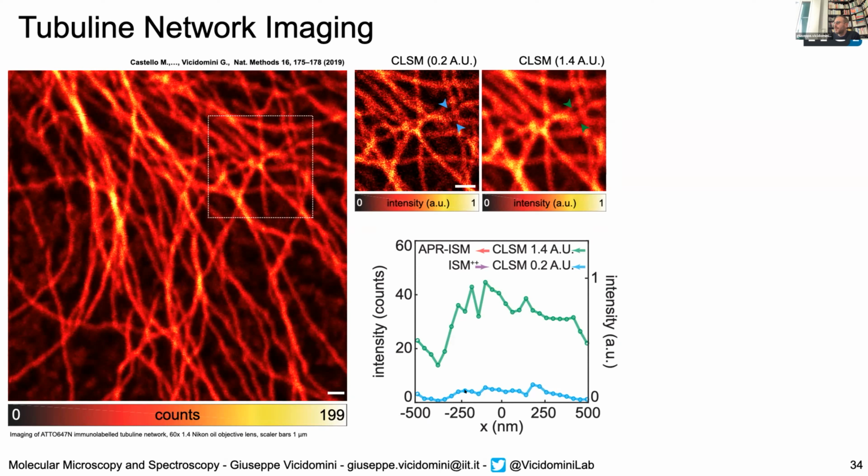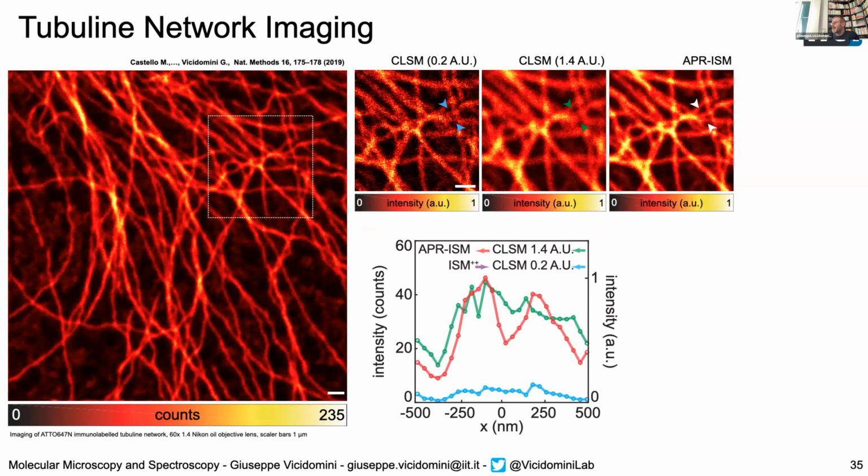Here, the blue is the confocal. Basically, the signal-to-noise is too poor to resolve some structures. If you open the pinhole, you get much more signal, but the image becomes blurred, and thereby you are not able to resolve the tiny structures in your sample.